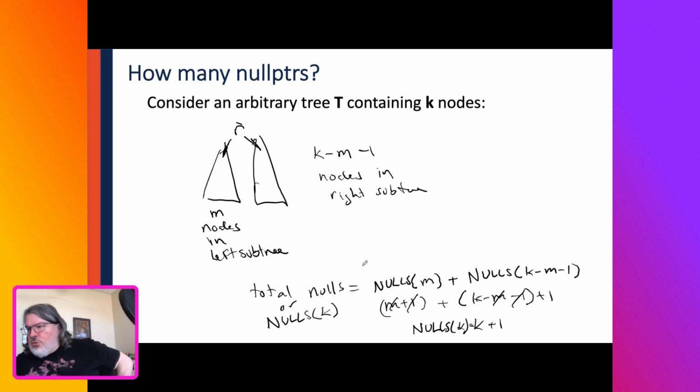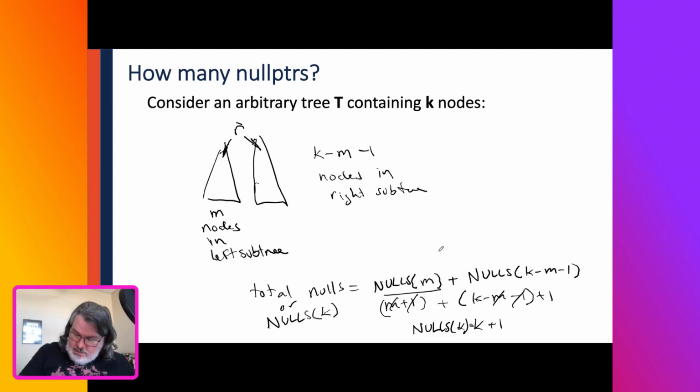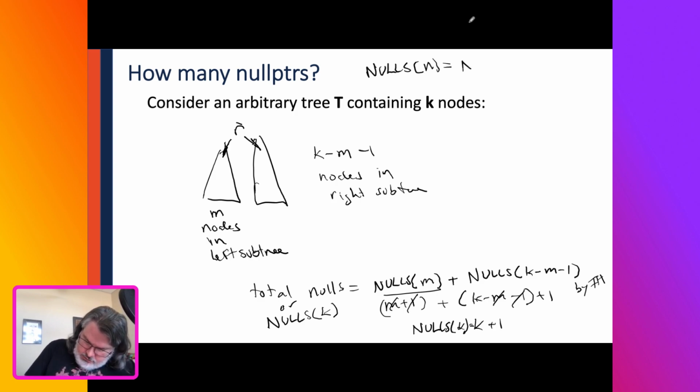How do I get m plus 1 and k minus m minus 1 plus 1? Well, nulls of m is m plus 1 by inductive hypothesis. Our inductive hypothesis was nulls of n equals n plus 1 for all n less than k.